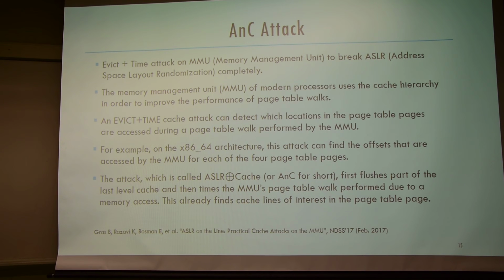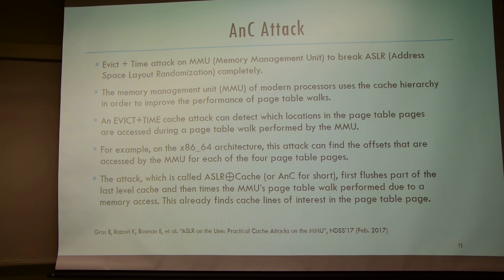The memory management unit of a modern processor also has a cache hierarchy in order to improve the performance of page table walks. So an evict and time cache attack can detect which locations in the page table pages are accessed during a page table walk performed by this MMU.